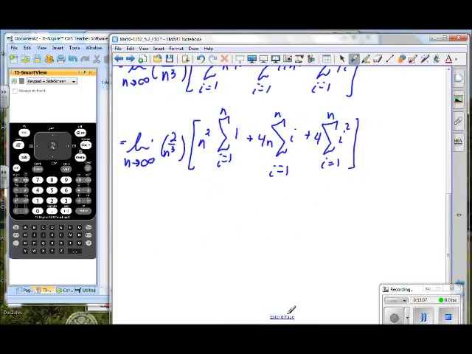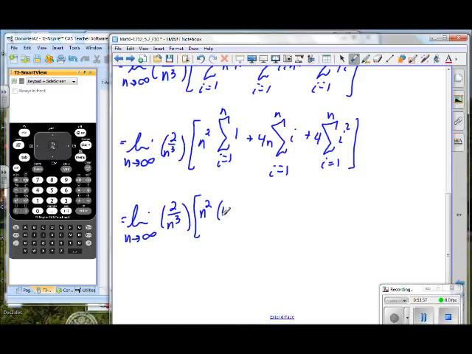What I'm hoping to do, and what I think we've achieved, is that each of these now is one of those shortcuts, those patterns we saw in about the second slide of this lecture. So I have the limit as n goes to infinity of 2 divided by n cubed. And in here now, I have n squared, and I need to look at what is the summation of a constant as i goes from 1 to n.